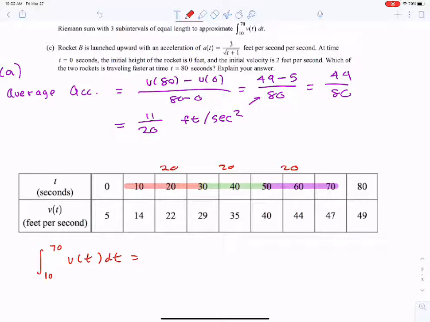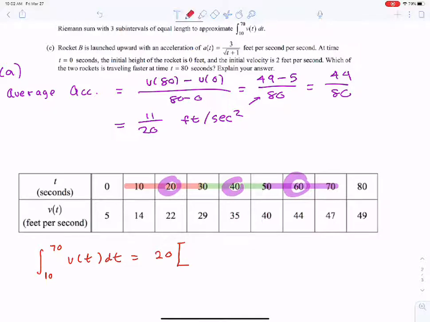Each one has a base of 20, so if you don't mind, I'm going to take the base and multiply it by my 3 heights. Now this right here is the important part and where students make mistakes. We are using the midpoint of each rectangle to determine the height. In other words, I am using these 3 numbers to be the height of each of my rectangles.